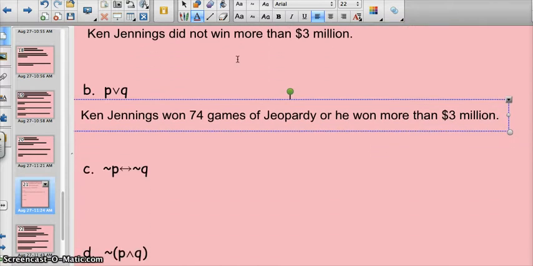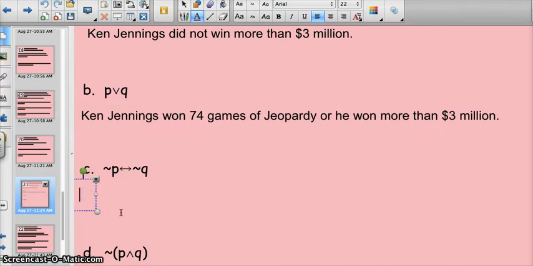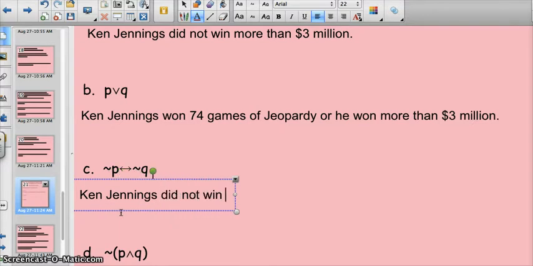And we get a little more complicated now. We're going to do a negation on both the P and the Q, and this is the biconditional in between, which is if and only if. So I'm going to start with the P, but I'm going to do the negation of it. Negation of it would be Ken Jennings did not win 74 games of Jeopardy.